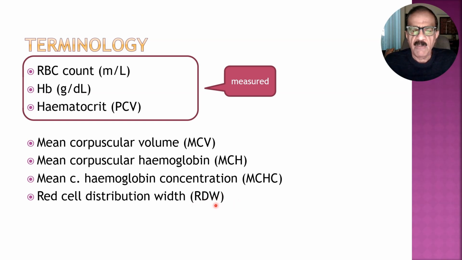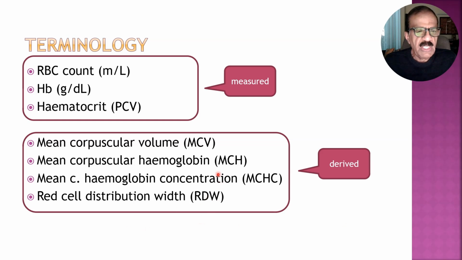Cells could be microcytic or normocytic or macrocytic, but red cell width would tell you actually the distribution within the cells. And I think the next slides will explain it further. These are derived. There is a built-in computer in this autoanalyzer. From these three values, the machine will calculate these and they will also be printed on the report.